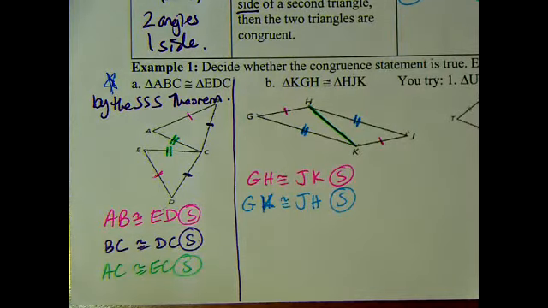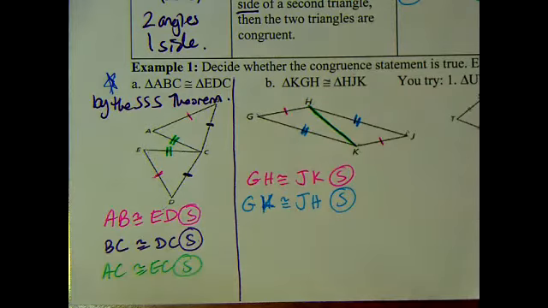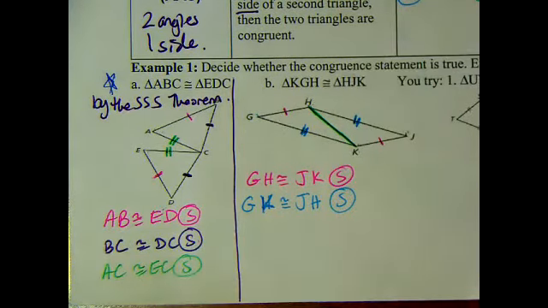Look at side HK. It's a side that's being used for both triangles. That actually is helpful to me, because if you looked in the mirror and you put your hand in the mirror, is your hand your hand? Is the hand that's being shown in the mirror the same hand that's in real life?